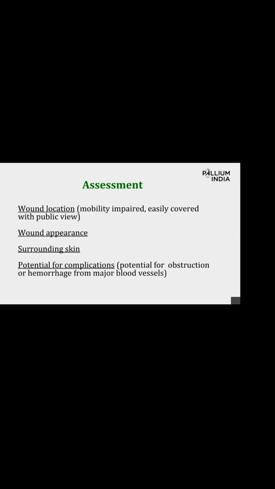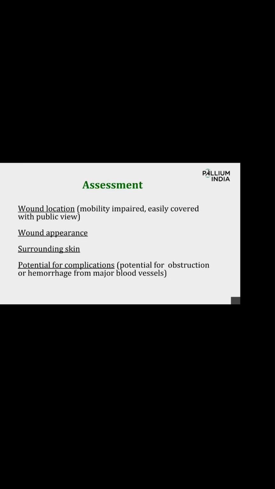Then surrounding skin. If the wound is affecting the skin here, you have to check the surrounding skin also. Then potential for complications, potential for obstruction or hemorrhage from major blood vessels. If the wound appears on the neck area, the main important vein going there is the jugular vein.